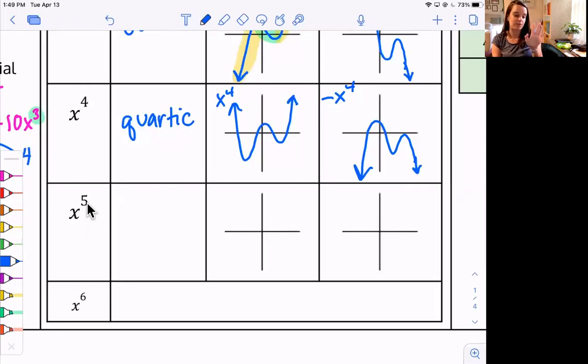Does anyone know the word for 5 babies at the same time? It's a weird word. Quin something, yes, Ezra, exactly, quintuplets. So it's quintic. Good job, Ez. Quintic.